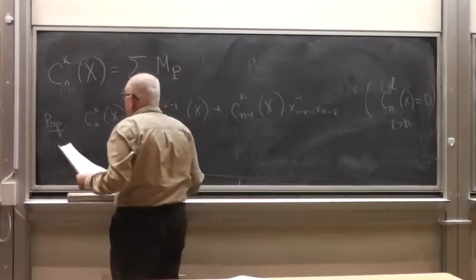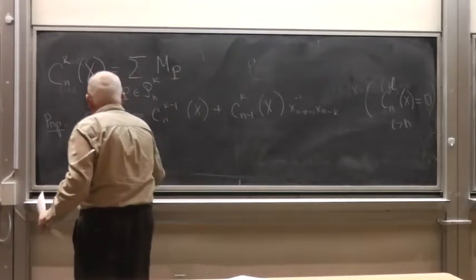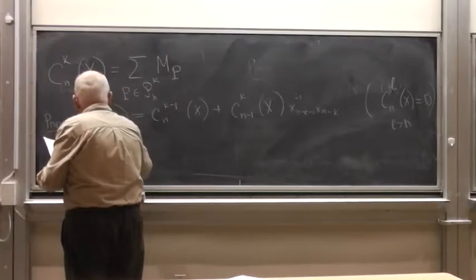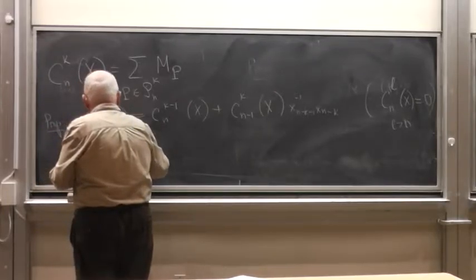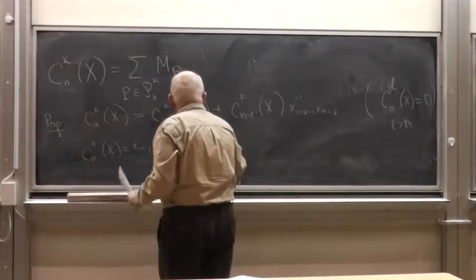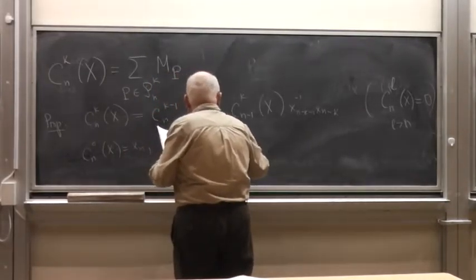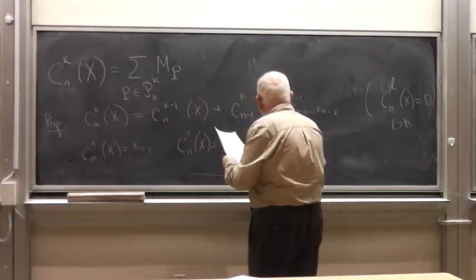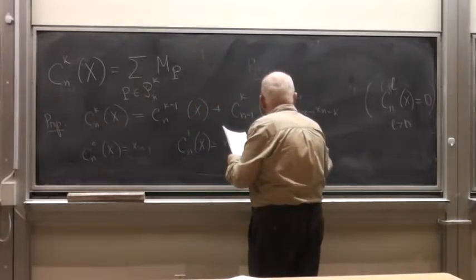Okay, and now maybe I will give you an example of this. X, that's just X n. C and 1 of X is just X n plus some X p.